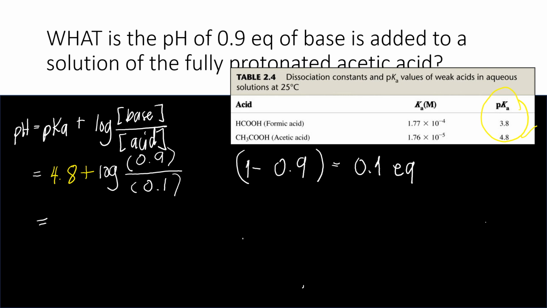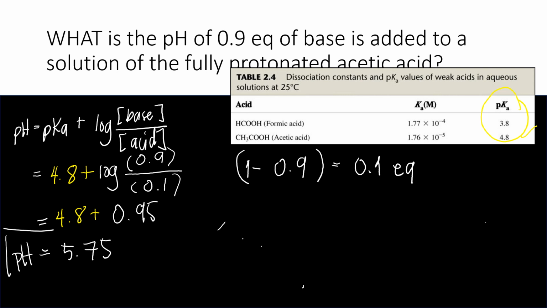So that gives us 4.8 plus 0.95, and this gives us a pH of 5.75. So you need to try this on your calculators.